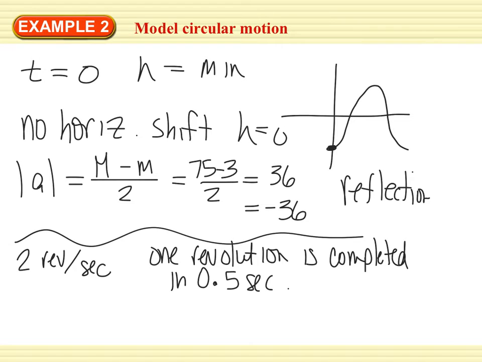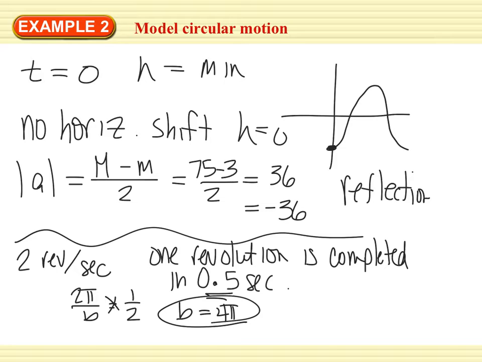So that's actually our period. So we can say 2 pi over b equals 1/2, because that's 0.5 seconds. I'm going to cross multiply, and I have b equals 4 pi.